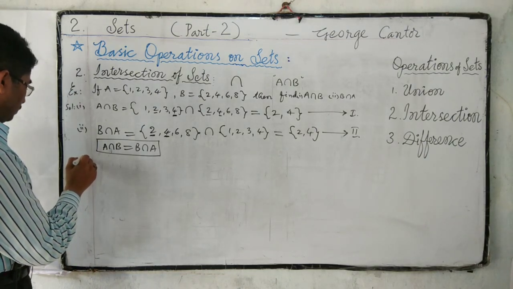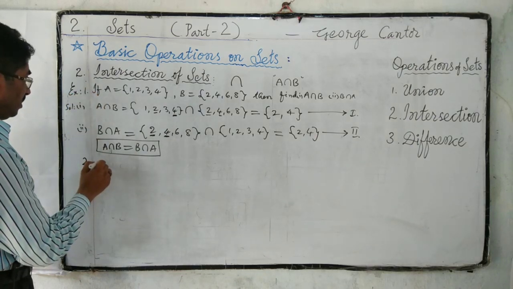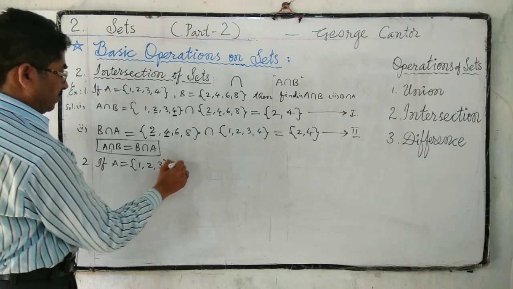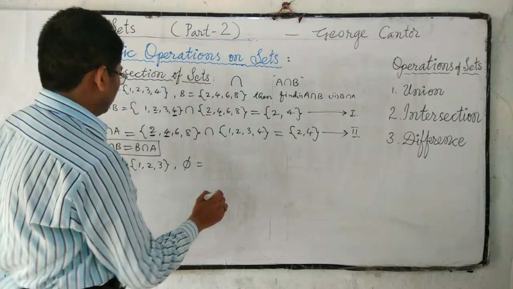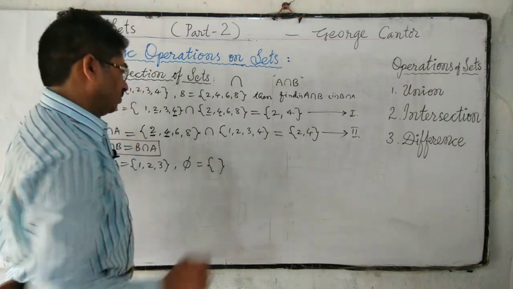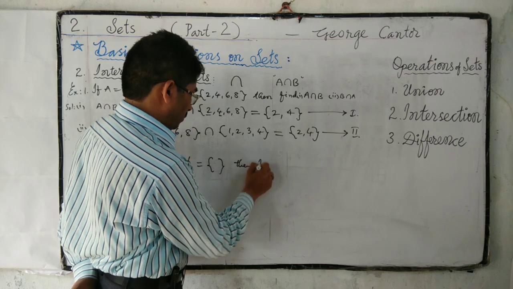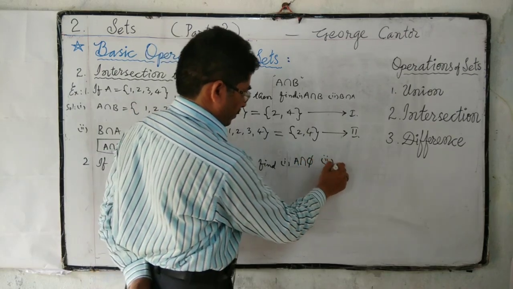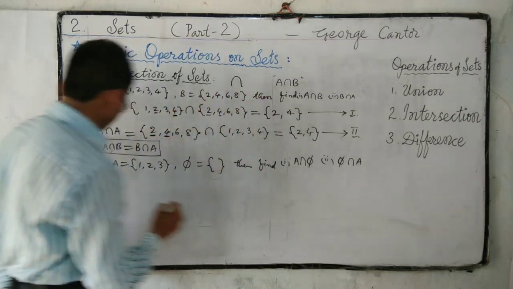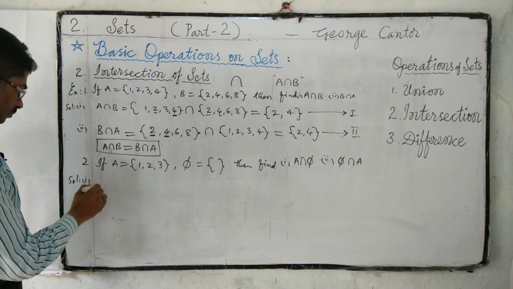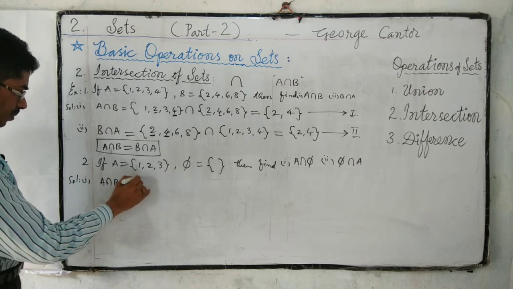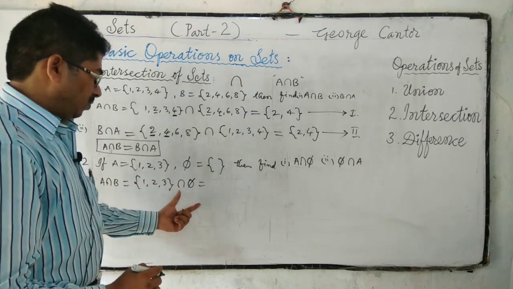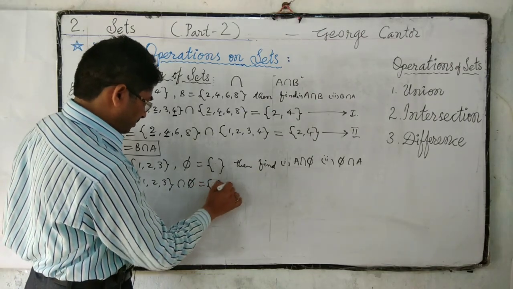One more example. If A is equal to the set of 1, 2, 3 and pi is equal to the empty set, then find A intersection pi and pi intersection A. A intersection pi: these two sets have no common elements, so we get the empty set, that means pi only.